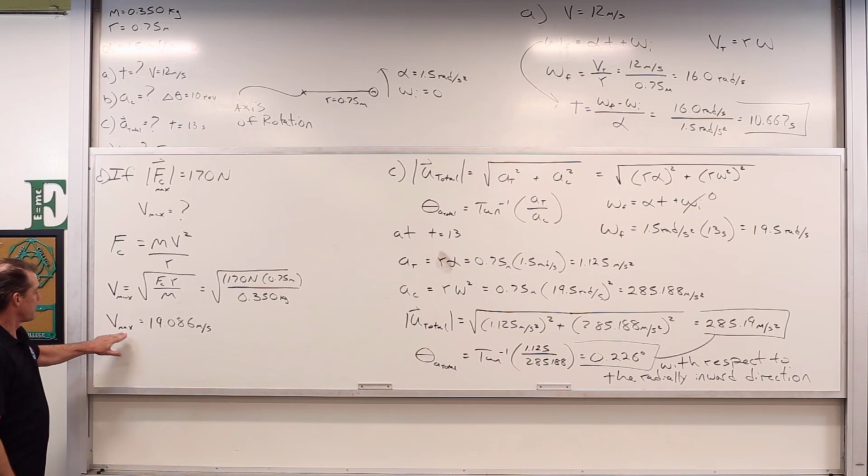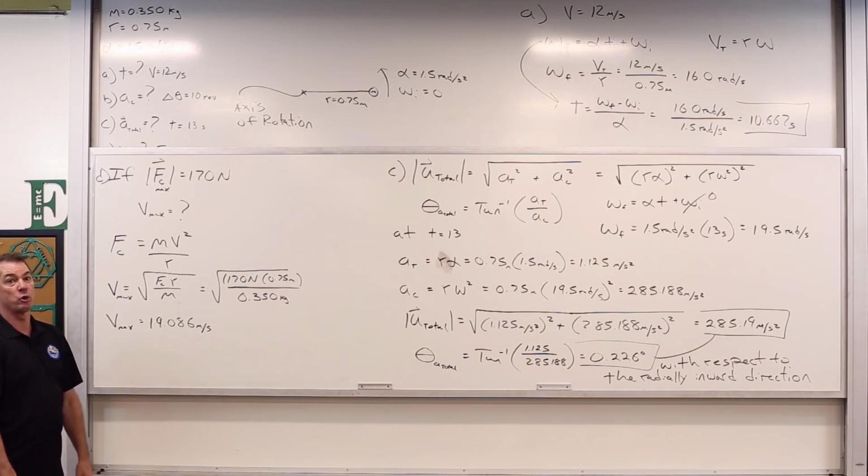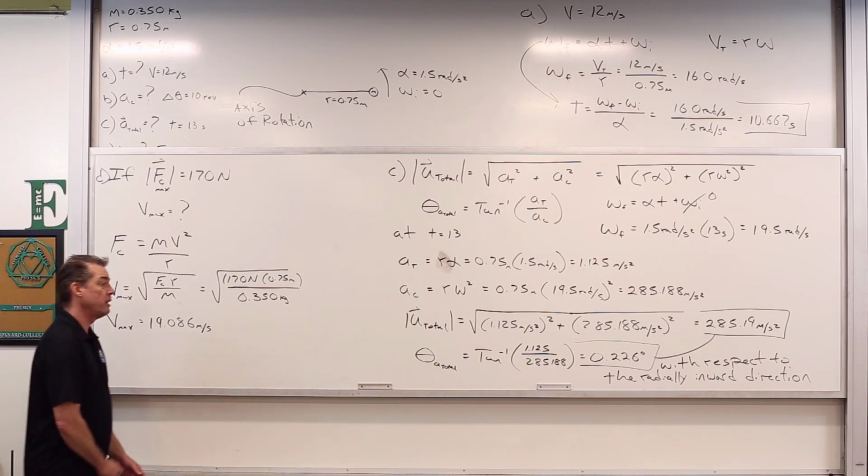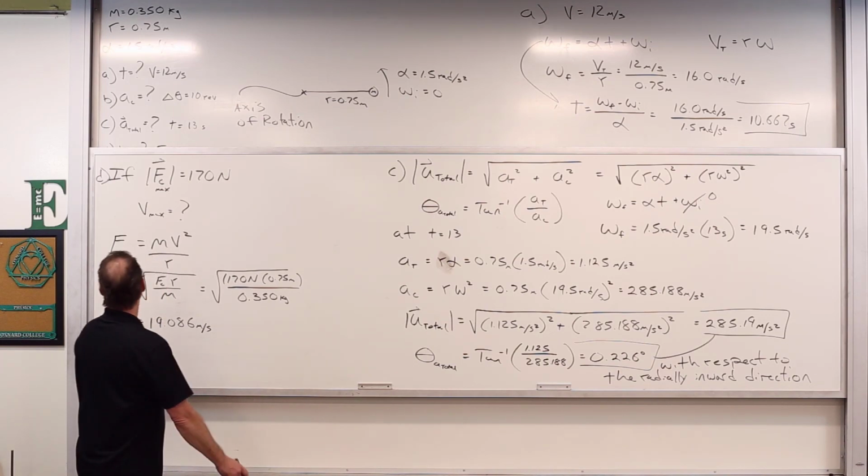So once the mass is moving that fast, that is the centripetal force, the inward force, that must be acting on it to continuously change its direction and ultimately produce this circular path that it's maintaining.